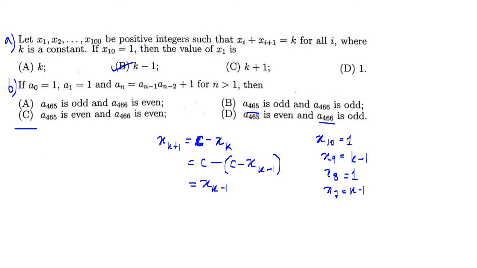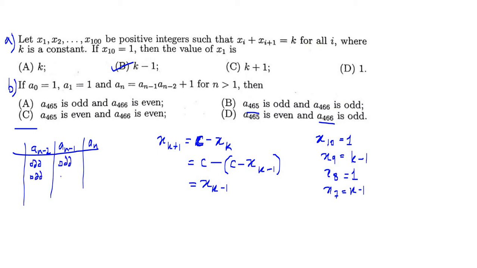So let me just make a table so that it's easier to understand. So this is our a(n-2), this is a(n-1), and this is a(n). Okay, so there can be four cases, right? Both of them are odd.